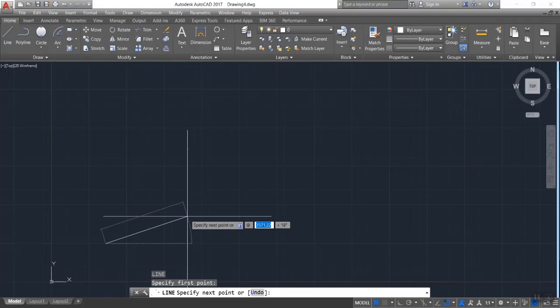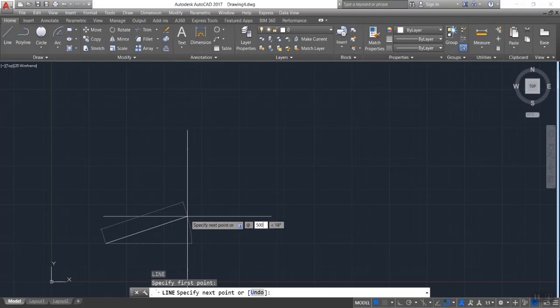Let's say I need a length of 500 units, and then the angle I need to change. After that I don't have to use a comma in this case. What I need to do is enter the angle symbol, that is the open angle bracket. I'm just applying that angle symbol now. I don't need a comma.